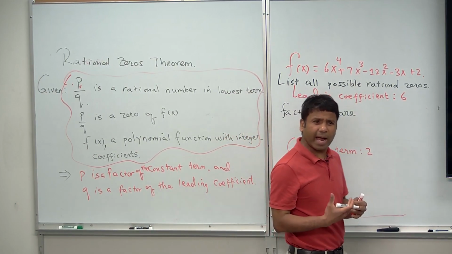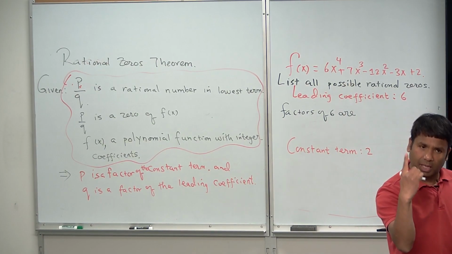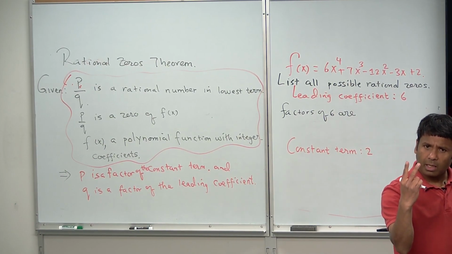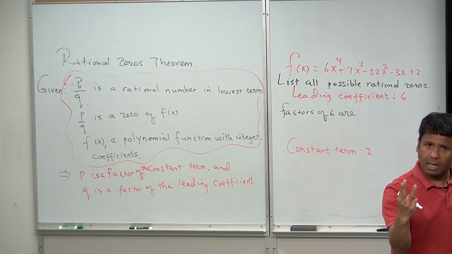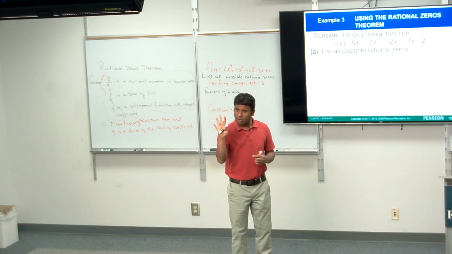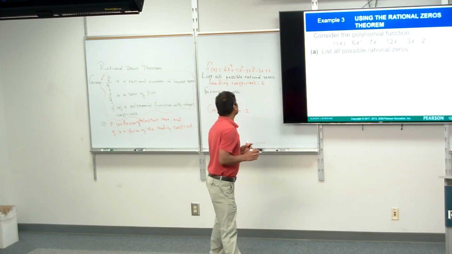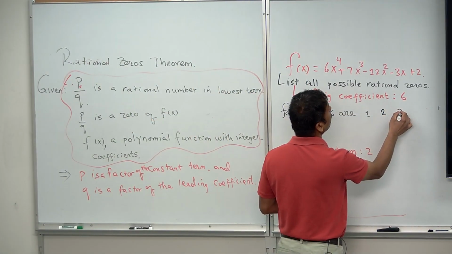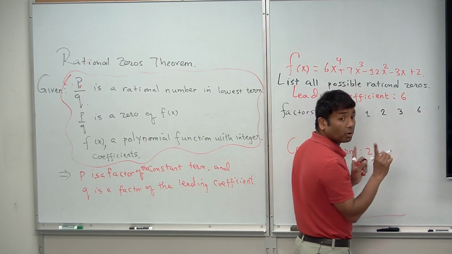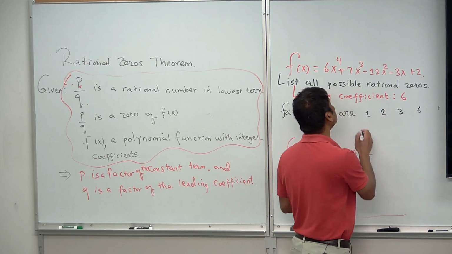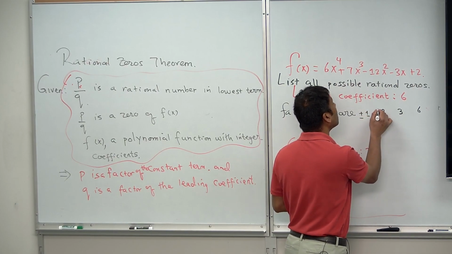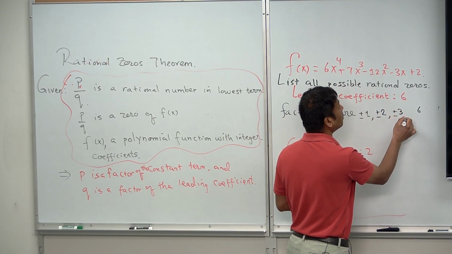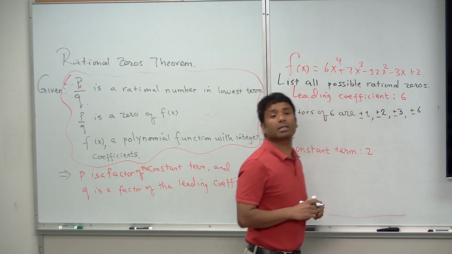Is 1 a factor of 6? Yes. 2? Yes. 3? Yes. 4? No. 5? No. 6? Yes. So the factors of 6 are 1, 2, 3, and 6. But these are the positive numbers, so you also have the negatives: plus or minus 1, plus or minus 2, plus or minus 3, plus or minus 6.